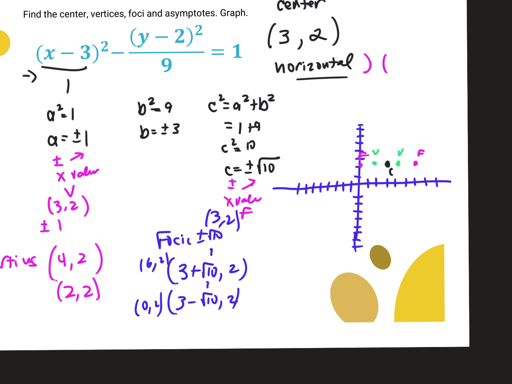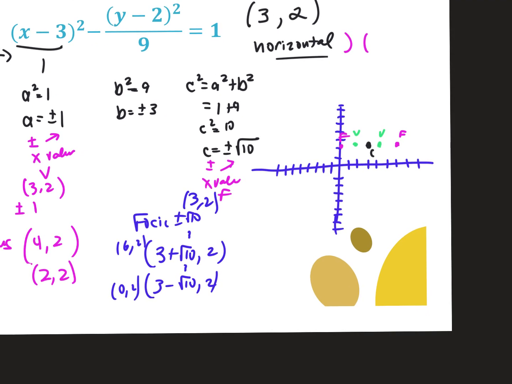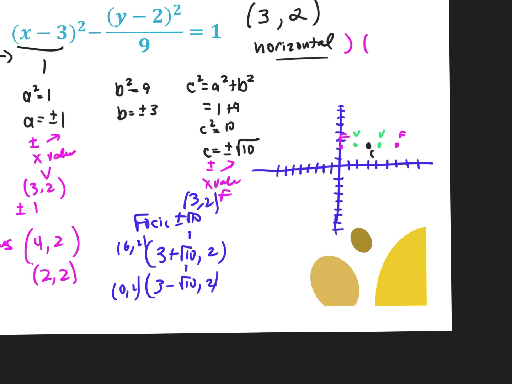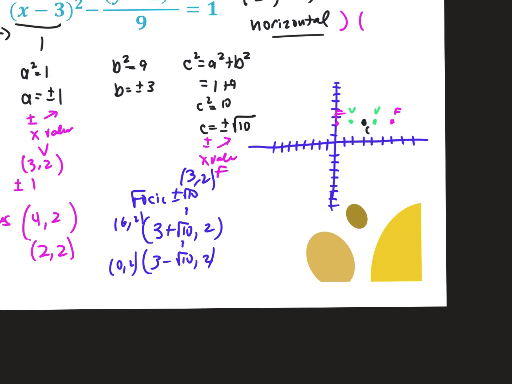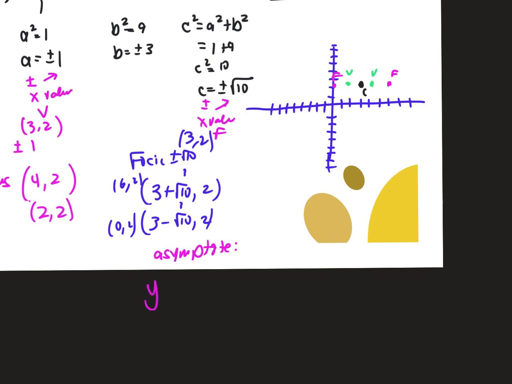So now I'm going to figure out where my asymptotes are, so I know the boundary lines to draw and get really, really close to but not touch. Since this is a horizontal hyperbola, my asymptotes are y equals k plus or minus b over a times x minus h.